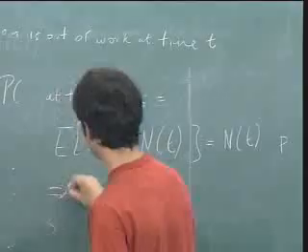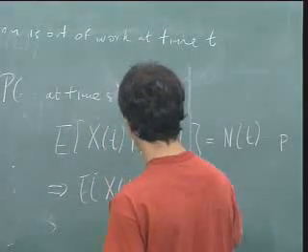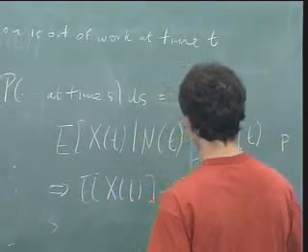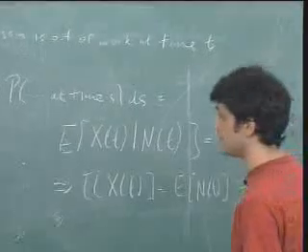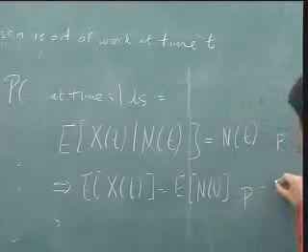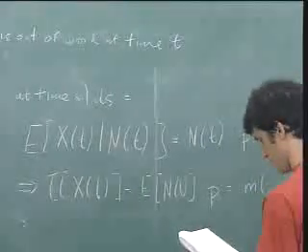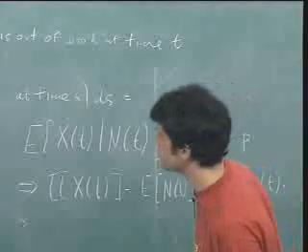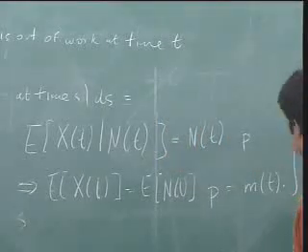Which means that the expected value of X(t) is just the expected value of N(t) times this probability p. Now, the expected value of N(t) is just equal to m(t), times, and now we just wrote down what p is.